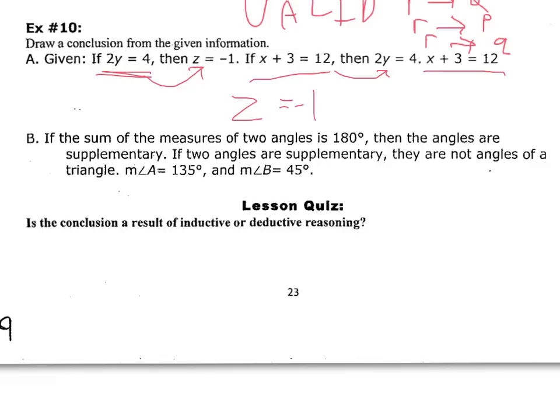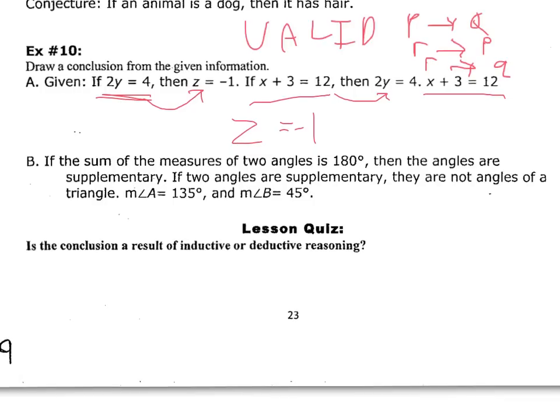Since 135 degrees plus 45 degrees equals 180, we know that since those add up to 180, it can't be a triangle. So angle A and angle B are not angles of a triangle.